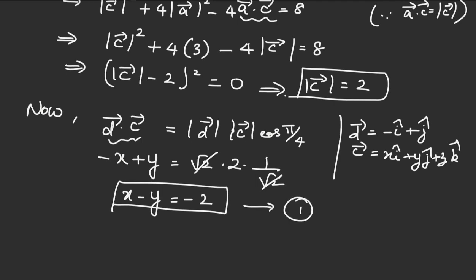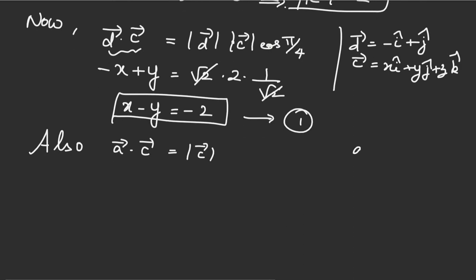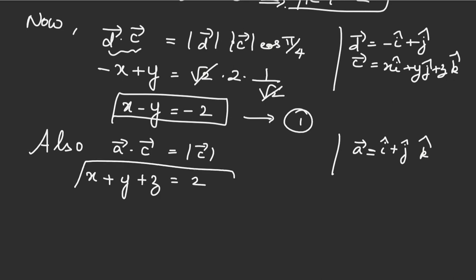Now next, we know that also A vector dot C vector will be equal to modulus of C. A vector, we know from the question, is equal to i plus j plus k. So the dot product will give me x plus y plus z is equal to 2, which is another equation. Now let us assume that z is equal to 0.